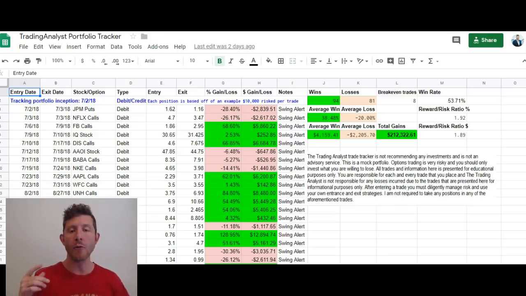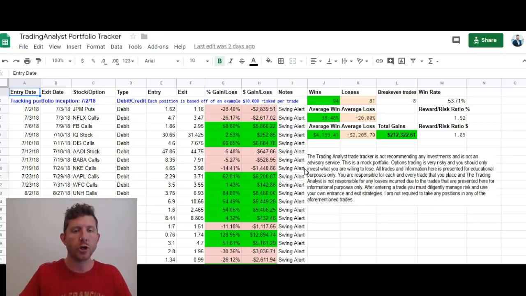So what you're looking at right now is the real-time portfolio tracker. And this tracks every single trade that we make here at thetradinganalyst.com. All of these trades not only are inputted here on the portfolio tracker, but are alerted via text message in real time to all of our paying clients here.